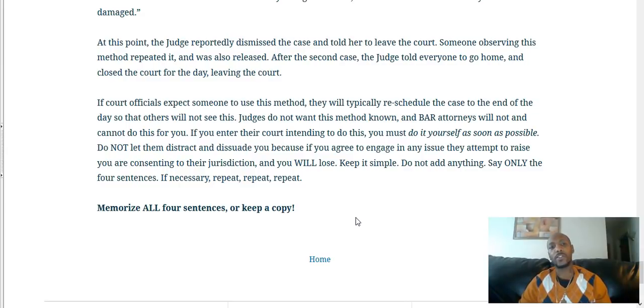If you enter into the court intending to do this, you must do it yourself as soon as possible. Do not let them distract and dissuade you, because if you agree to engage in any issue they attempt to raise, you are consenting to their jurisdiction.